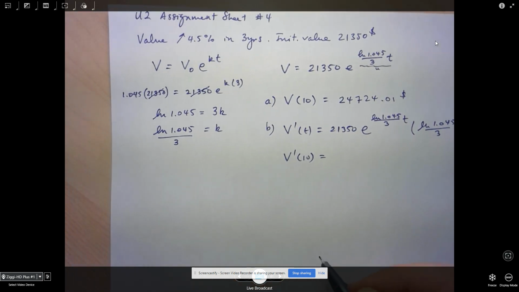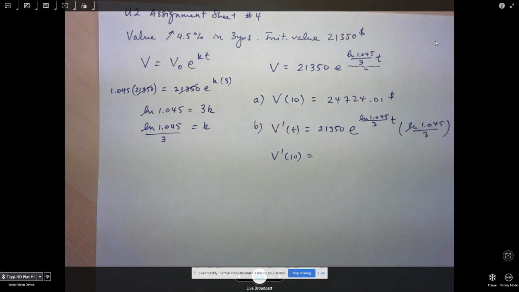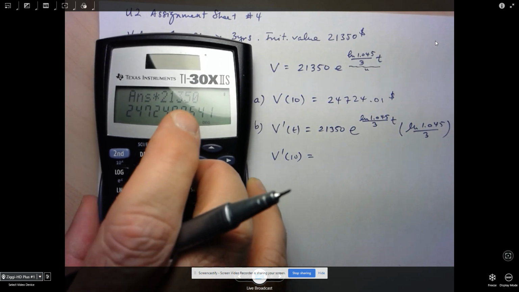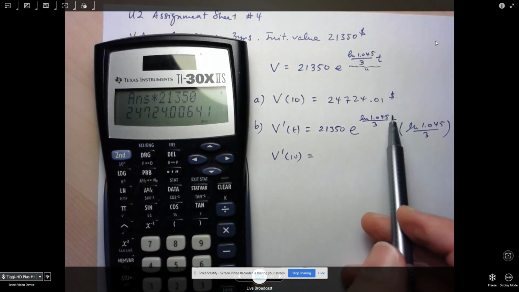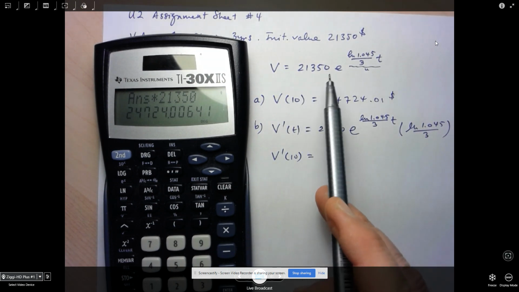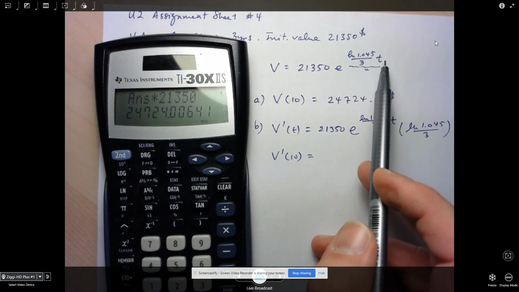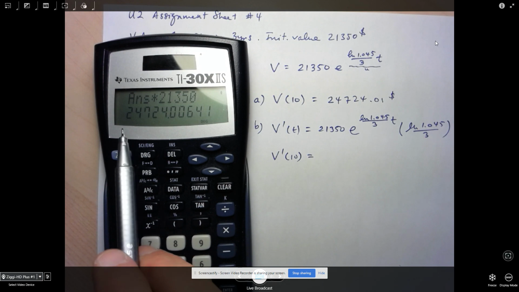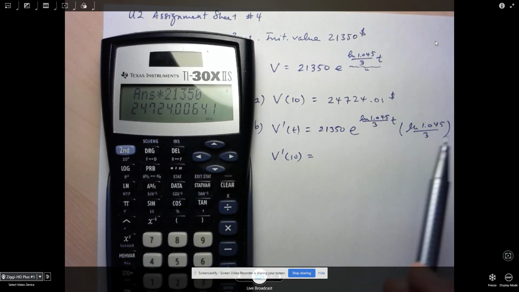Again, I'm going to try to do this nice and carefully here. What I want you to notice is that this portion of the derivative is going to be exactly what I calculated earlier, 21,350 times e to this whole thing times 10. So I'm not going to recalculate that. I've already got that in my calculator, so it saves me some time.